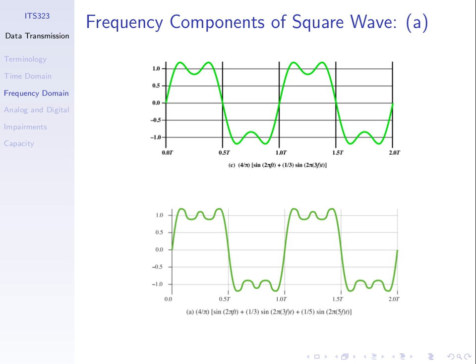Let's look at the bandwidth and the data rate first, comparing signal A to signal B. They were the same equation, but just different frequencies, resulting in different bandwidths. And the benefit of signal B versus signal A was that it increased the data rate. We want high data rate, okay? We want to send our bits as fast as possible. Signal B gives us a higher data rate than signal A. So that's the advantage of signal B when we compare the two.